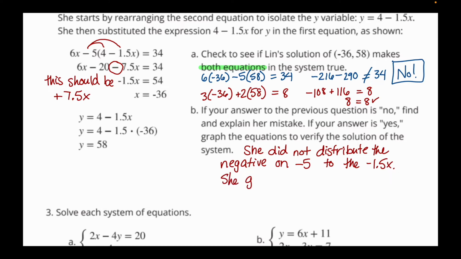He got negative 7.5x, and it should be plus 7.5x. There we go. That's it. We were just asked to check her solution and then to actually find where her mistake was, since we did have a mistake.